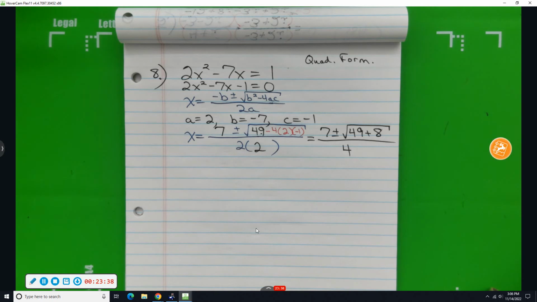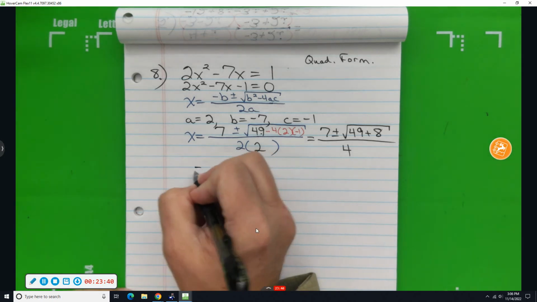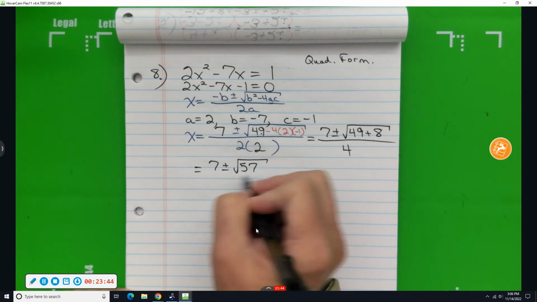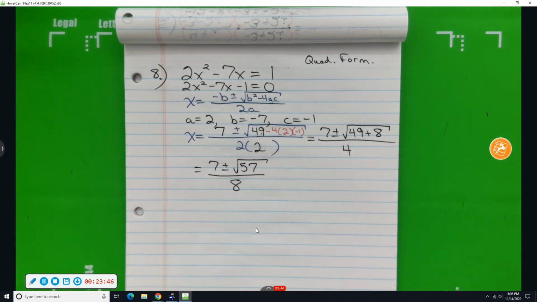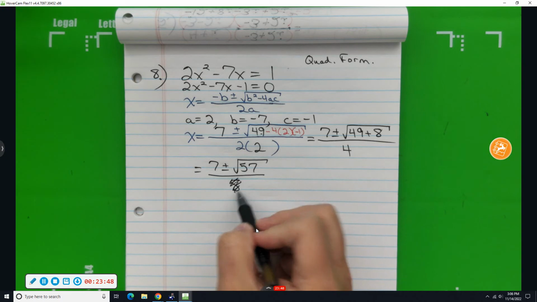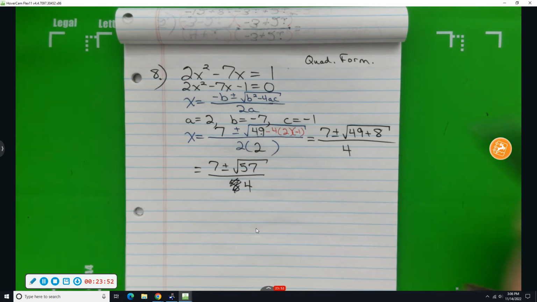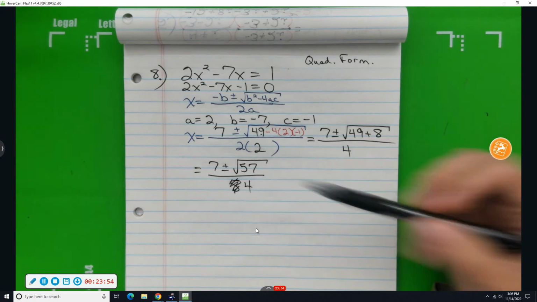Pardon me, that denominator is a 4. 49 plus 8 is 57.